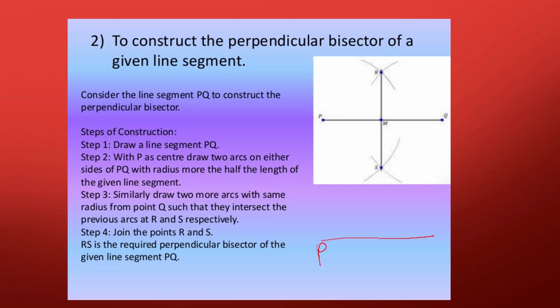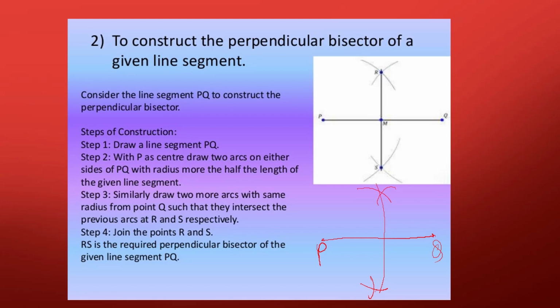Here are P and Q. Step 2, with P as a center, draw two arcs on either side. Put the compass needle here, and then draw the arc here and draw the arc here from P. And again from Q you draw the arc, and they will intersect. Join it. When you join it, it divides the line segment PQ into equal parts.